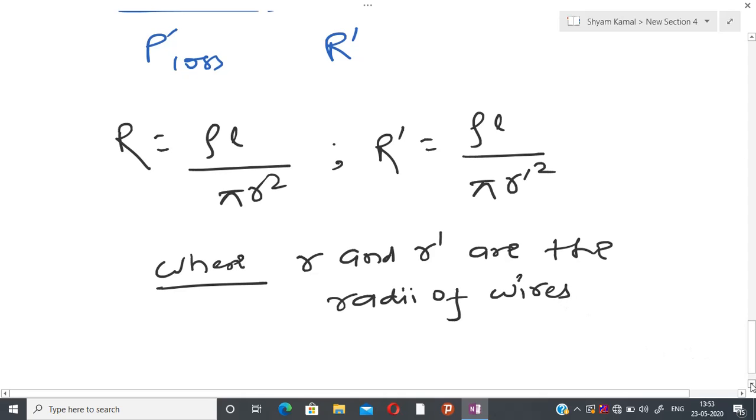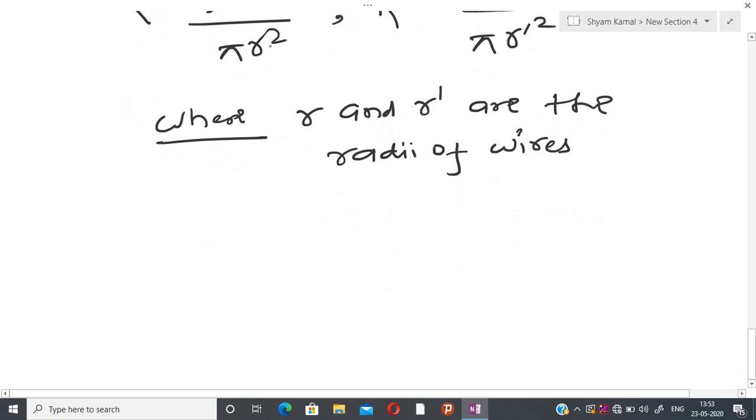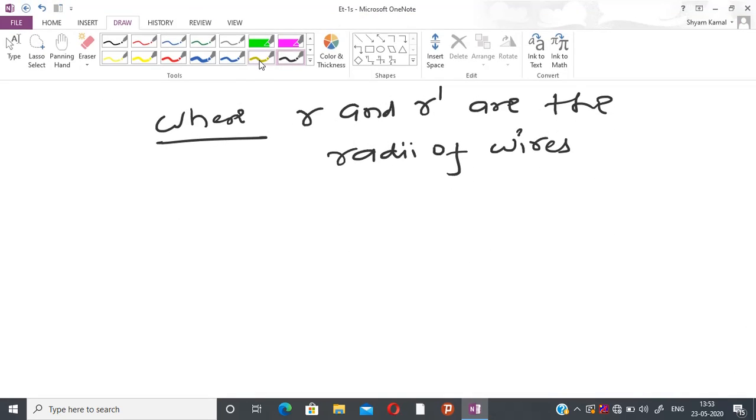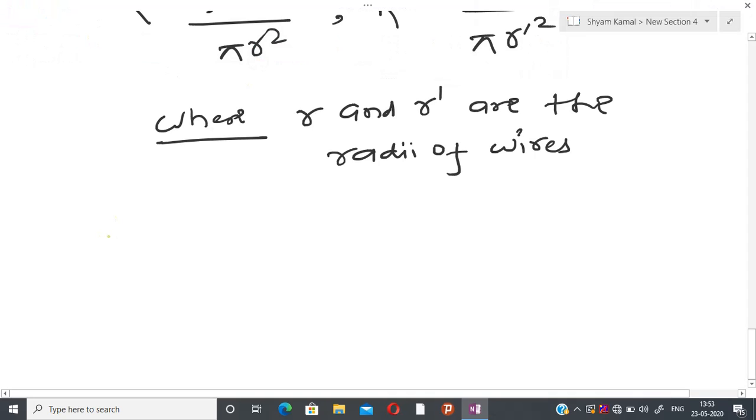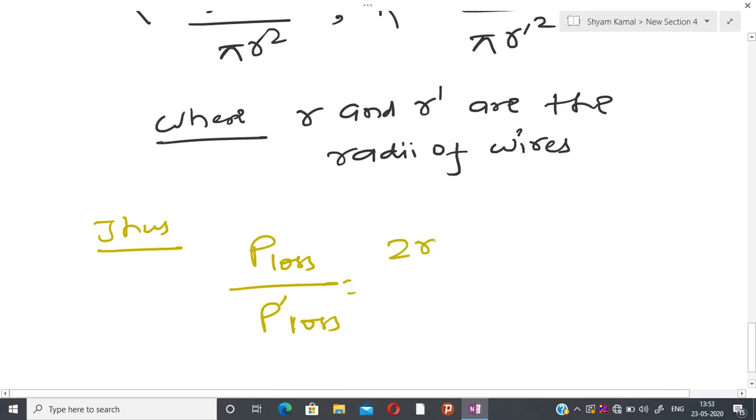Due to this reason I am able to write the following: the power loss in one phase by power loss in three phase, that is 2 r dash square by r square.